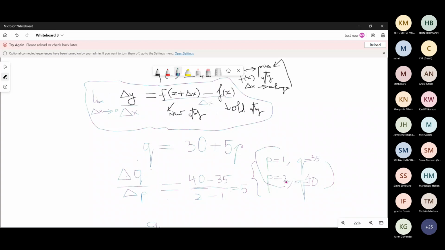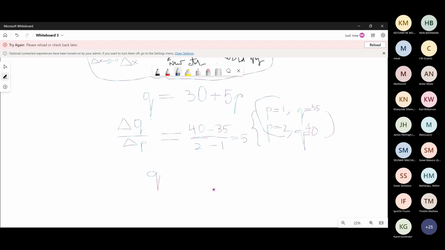Now, if I take another example, let me take, for instance, 30 plus 3P to the power 2. Sorry, P to the power 2.